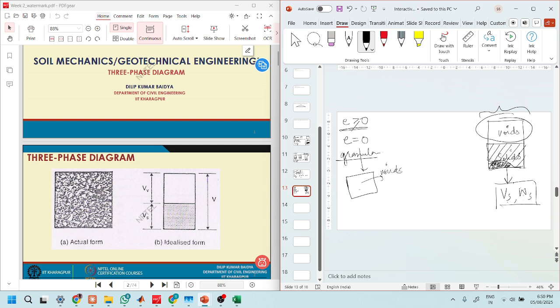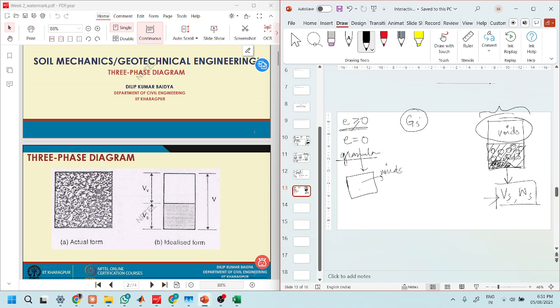But in classical soil mechanics, we always assume that the soil solids will have constant volume and constant weight. That is why specific gravity is a very fundamental property of the soil. It is the property of the grains actually. It is not something that will change as you compact it.